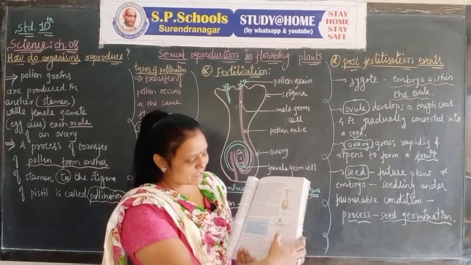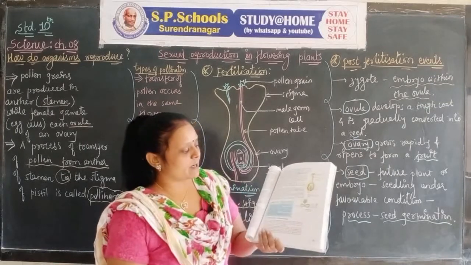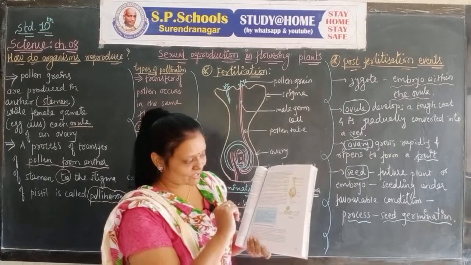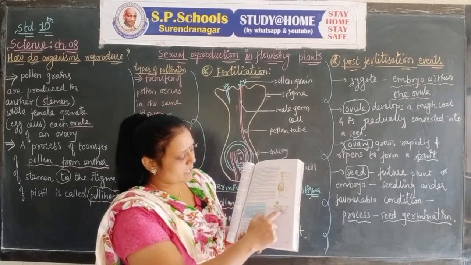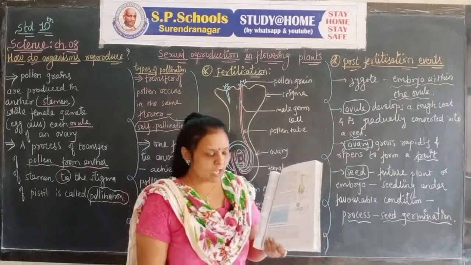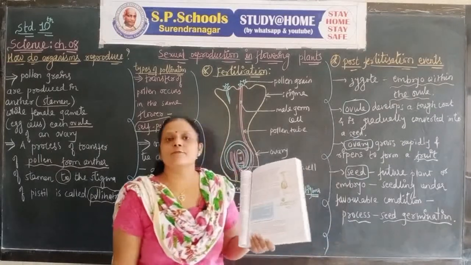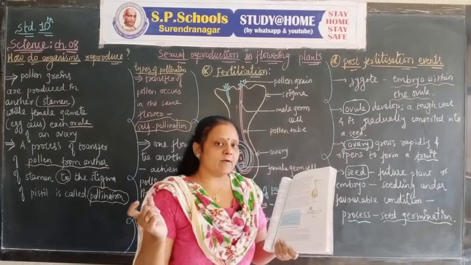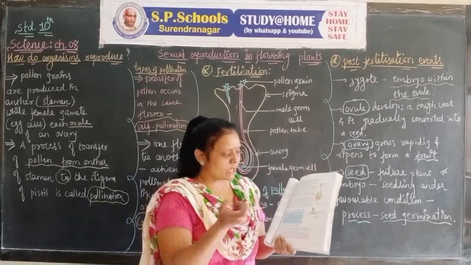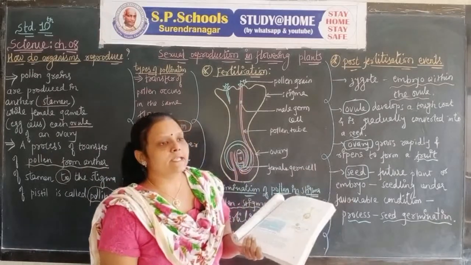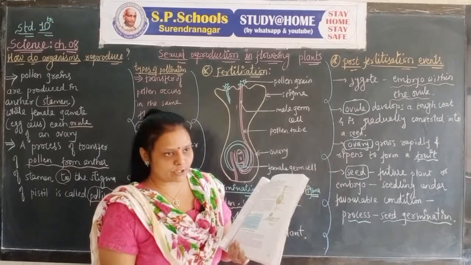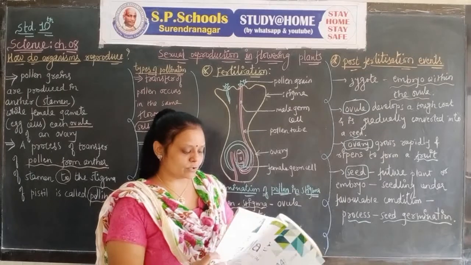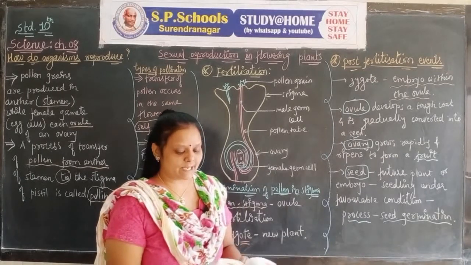Three parts can be seen in the chana during germination: plumule, radicle and cotyledon. The plumule develops into the future shoot, the radicle develops into the future root, and the cotyledon stores food, which is used when germination occurs.